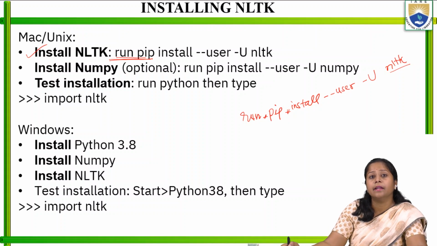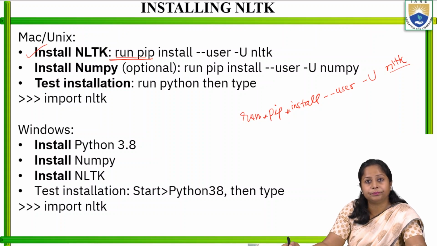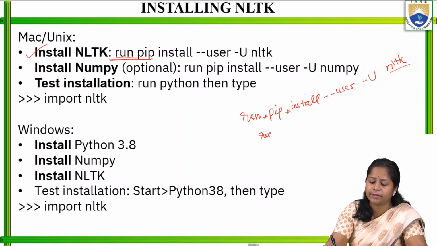Now in the next line we have to write to install the NumPy library, if it is needed for your project or your NLP model. So in the very next line, run pip. Likewise, the same, because we need to install, so everywhere we need to write pip.